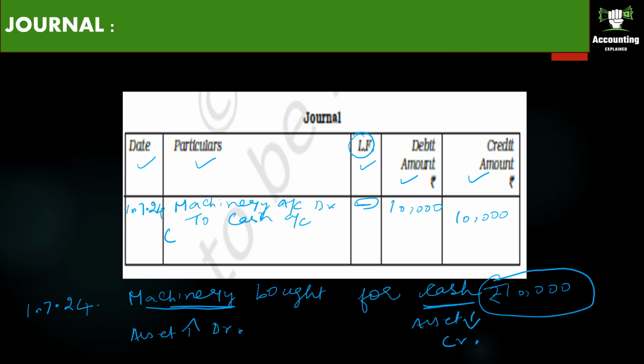We have to write within the brackets: machinery bought for cash. Narration is nothing but a brief explanation about the transaction, so that anyone who sees the journal entry will be able to understand by seeing the narration what the transaction is. Okay. So this is the format of journal entry, and this is how we are going to write the journal entry now when we see the question and solve it. Okay.